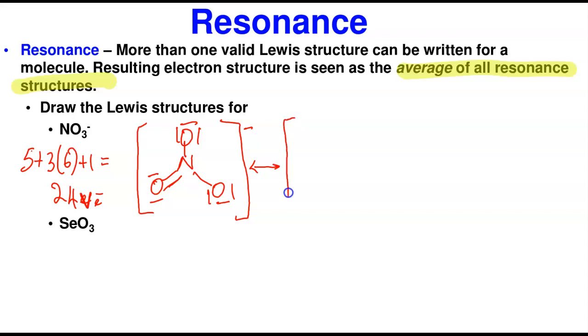If I have my nitrogen here, and I add a single bond here, and move the double bond to this place, what do you see? It still satisfies the octet rule completely. So this becomes the Lewis structure of this.